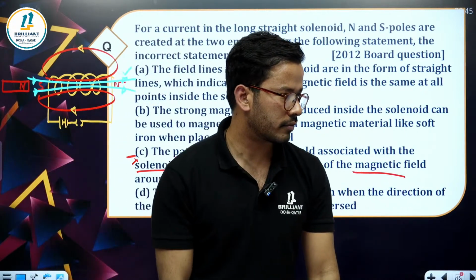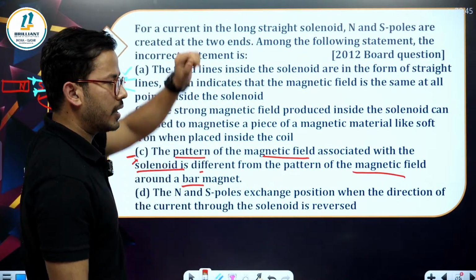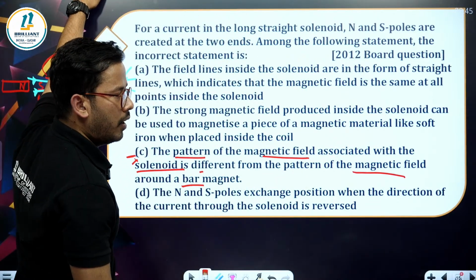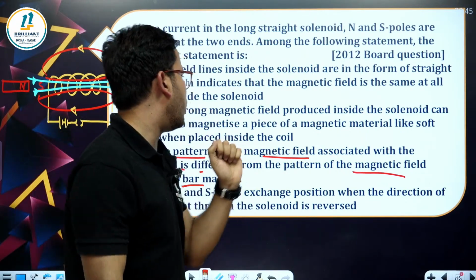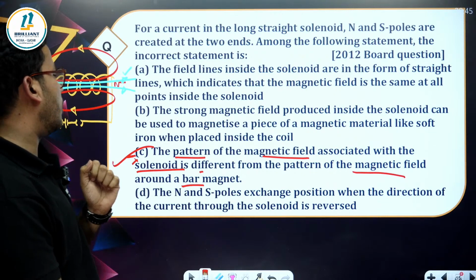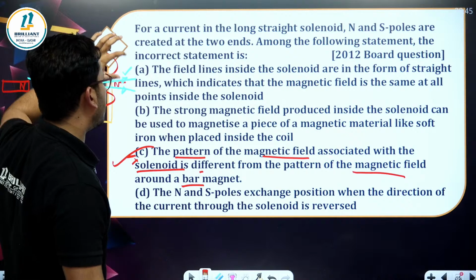Is it correct? Yes, it is the incorrect statement. Perfect.